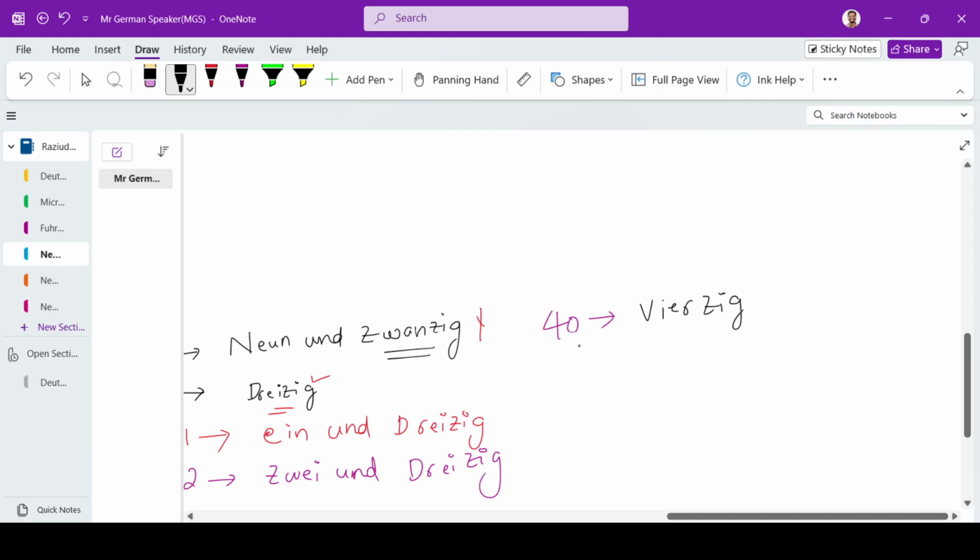So you see how easy it is? From 30 onwards, it's very easy to remember. So this will be 40. For example, for 50, we will write it like this. It's so easy. You just need to write the number and add sich to it. So after 30, or even including 30, you just need to write the number, and I will just write und, then the base number.